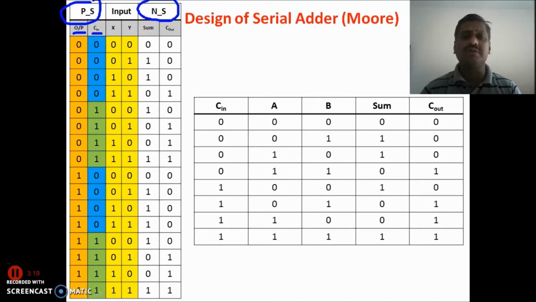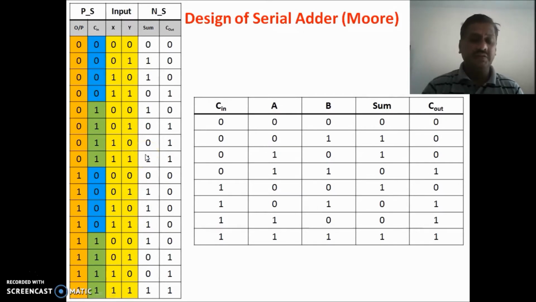We have 4 possible combinations: 0 0, 0 1, 1 0, and 1 1, which means we have 4 possible states. Then we have the inputs 0 0, 0 1, 1 0, 1 1 for state 0, then state 1, then state 2, and then state 3. Now we will check the possible combinations of the next state.